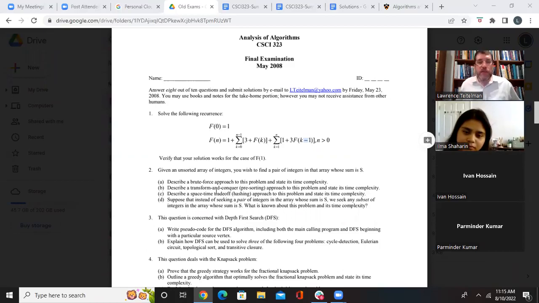Suppose that instead of seeking a pair of integers in the array whose sum is s, we seek any subset of integers in the array whose sum is s. Aha. Anyone have anything to say about 2 part D? I like these kinds of questions, because not only do you have to think, but you have to combine concepts from different parts of the course.